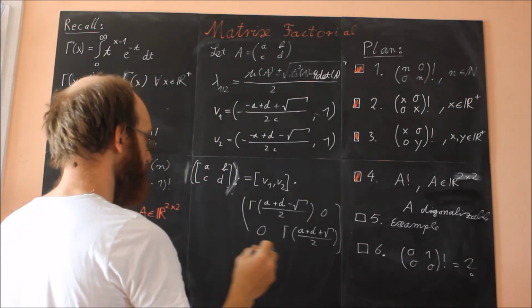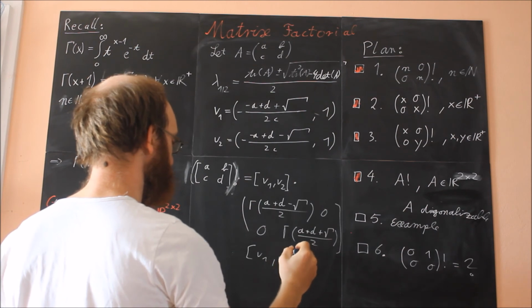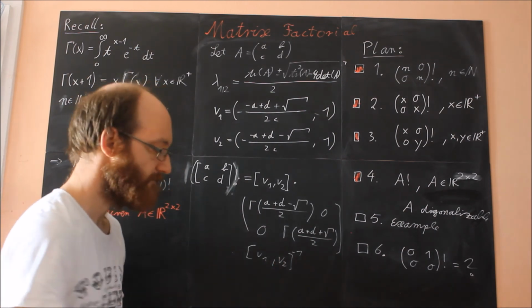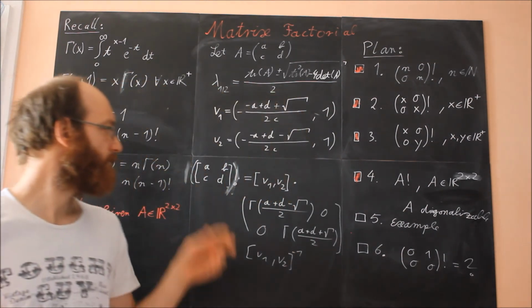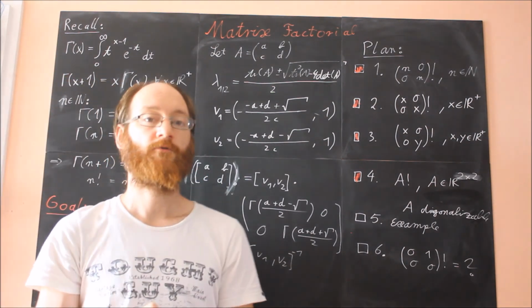And then, yeah, the inverse of this, I will not write it fully out, something like that. This is the full solution of the matrix factorial of an arbitrary 2 by 2 real matrix.